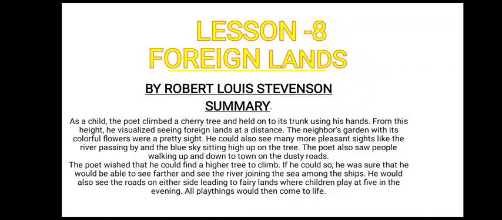From this height, he visualized seeing foreign lands at a distance, the neighbor's garden, its colorful flowers were a pretty sight. He could see also many more pleasant sights like the river passing by, the blue sky, sitting high up on the tree. The poet also saw people walking up and down to town on the dusty roads.